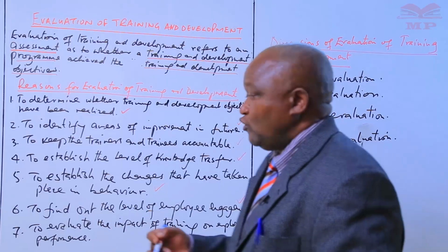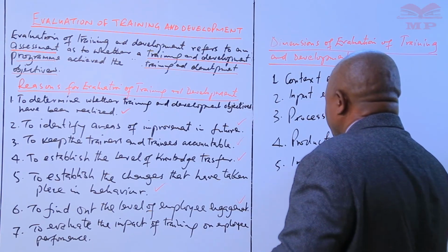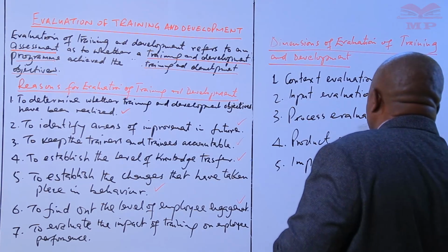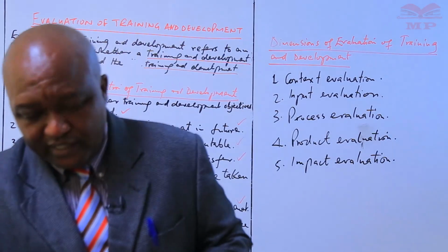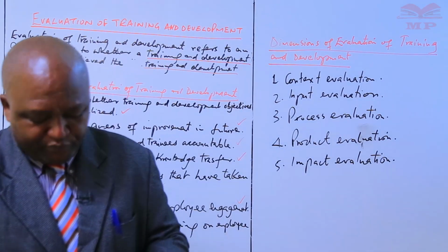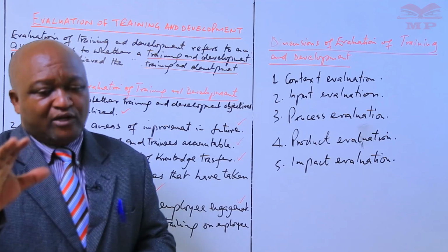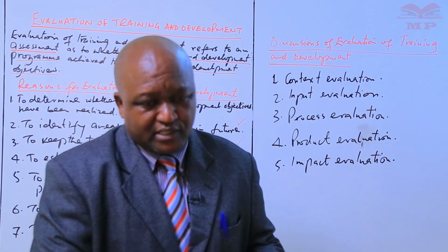Then there is also what is called impact evaluation. Supposing, dear learner, there has been a particular production employee who was having a lot of wastage of materials in the production process, for example.